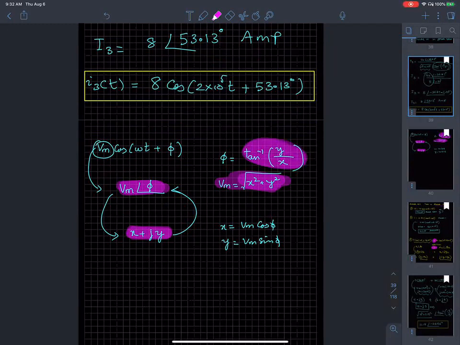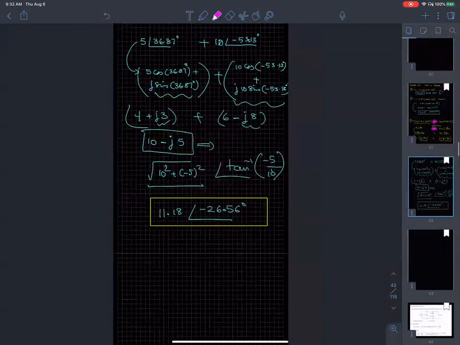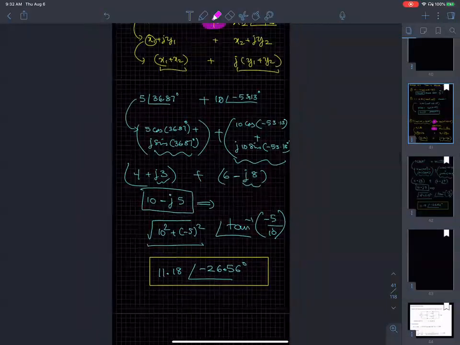If you want to go from phasor to rectangular form, you simply do Vm cos phi, Vm sin phi. There's no shortcut to this. You just have to have this in your head and be absolutely comfortable going from one form to another.